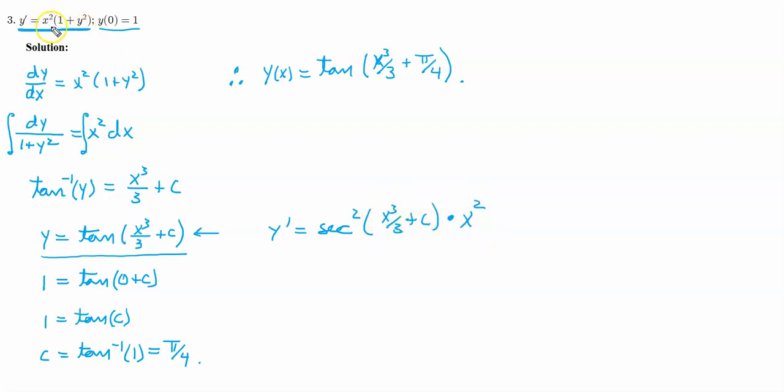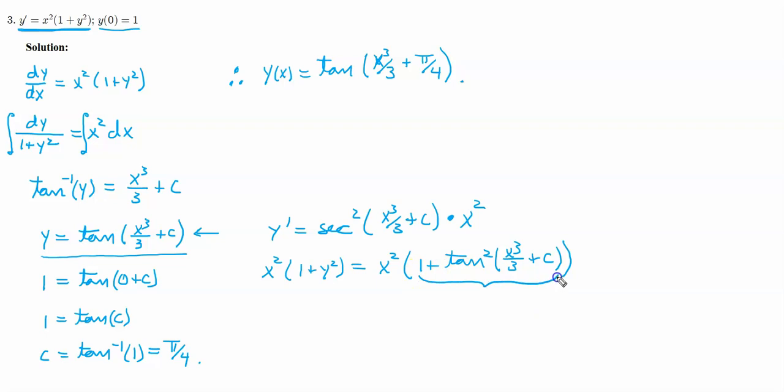Now let's notice that the right-hand side of this equation is going to be, okay, now remember, we have a trig identity. This piece right in here, 1 plus tangent squared, is secant squared. And we have our x squared, so the right-hand side is equal to secant squared times x squared.